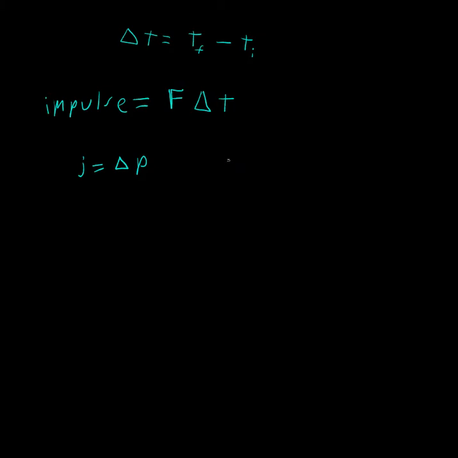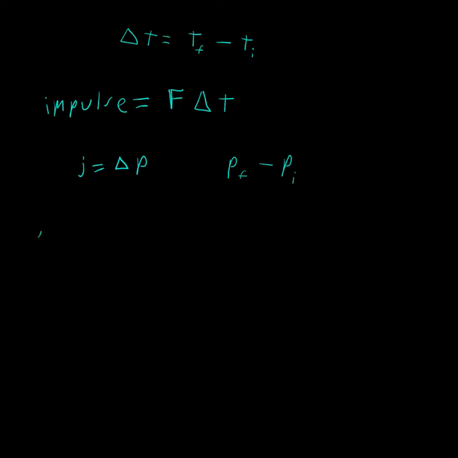All the delta notation means is the final momentum minus the initial momentum, or whatever value we put here. So the impulse will be equal to force times the change in time. It's also equal to the change in our momentum.